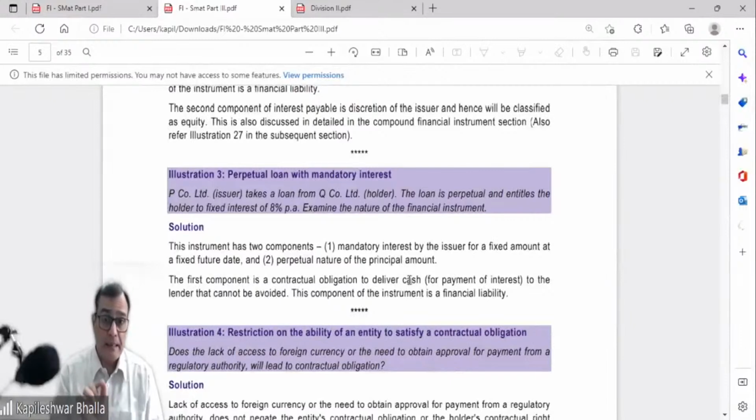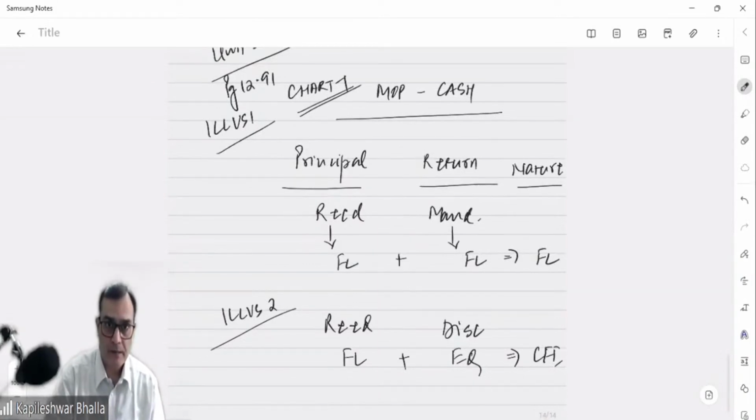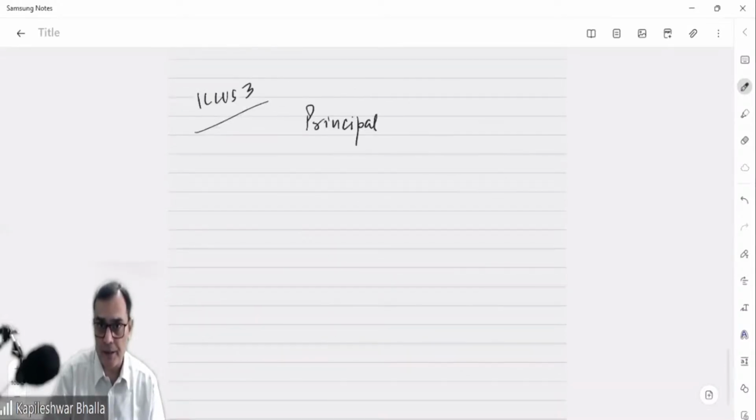So P company takes a loan from Q. The loan is perpetual and entitles the holder to a fixed interest rate of 8%, which is mandatory. So if I come to the illustration number 3, let me look at the permutation combinations now. So we've got the principal element and we've got the interest, that is the return element, on the basis of which we're going to decide the nature of the instrument.